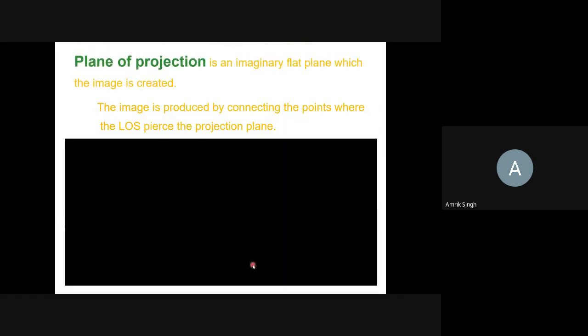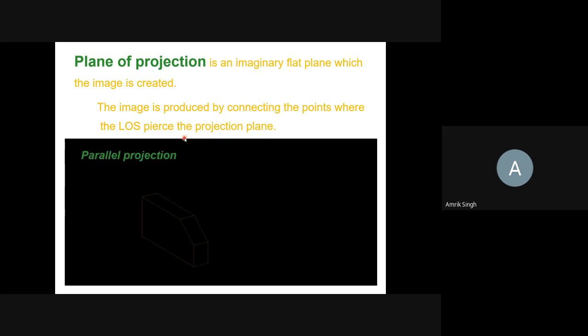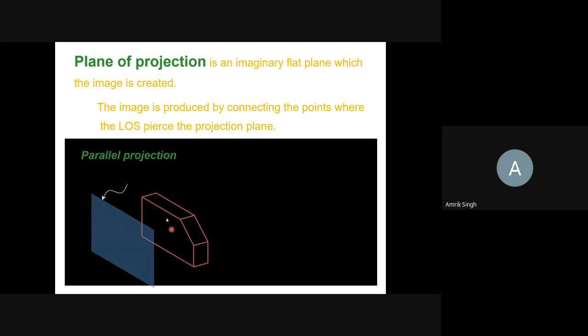Then there is a plane of projection. It is an imaginary flat plane on which the image is created. The image is produced by connecting the points where the lines of sight pierce the projection plane. So this is how it is made. You see, it is an object, and we can have a plane which is parallel to this object.